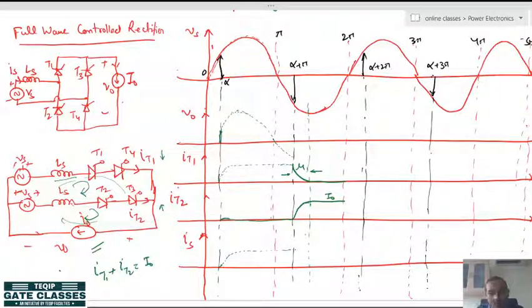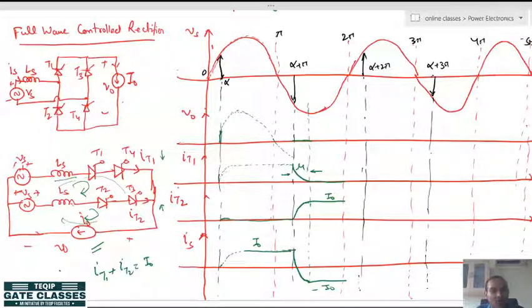Now, what will be the IS? IS will fall from plus I0 to minus I0 like this. And during overlapping, the output voltage will be 0.